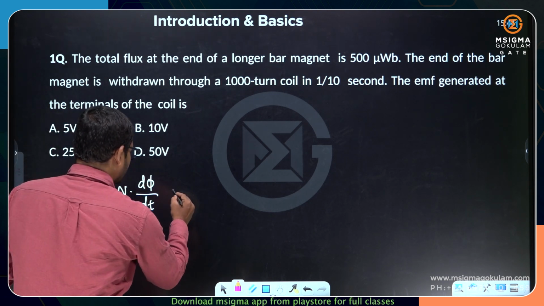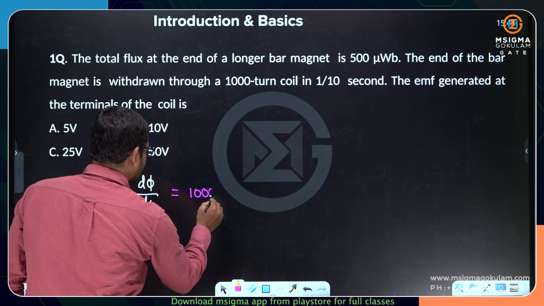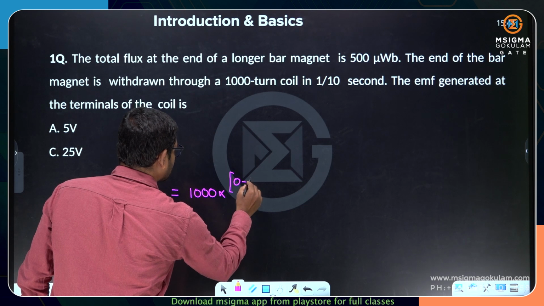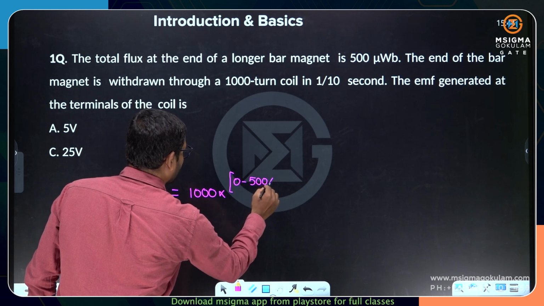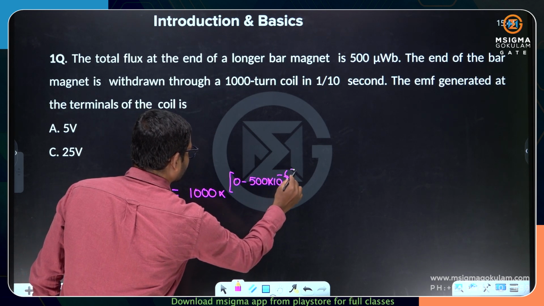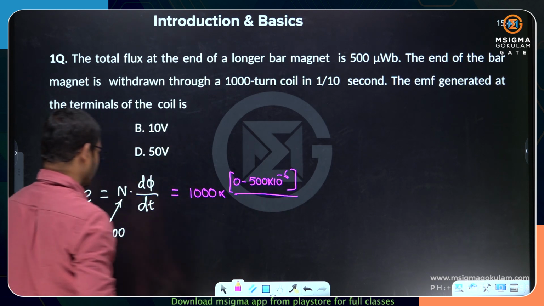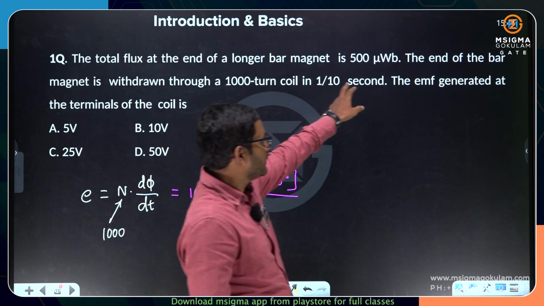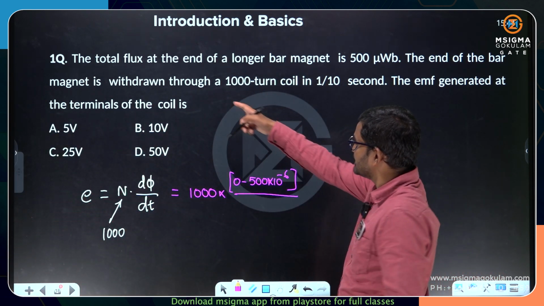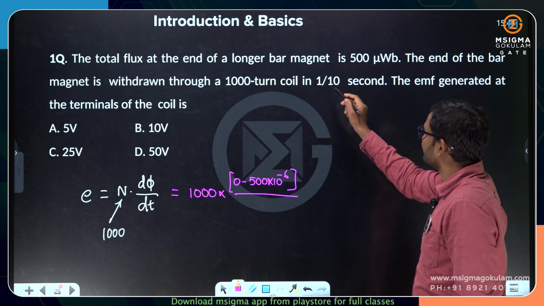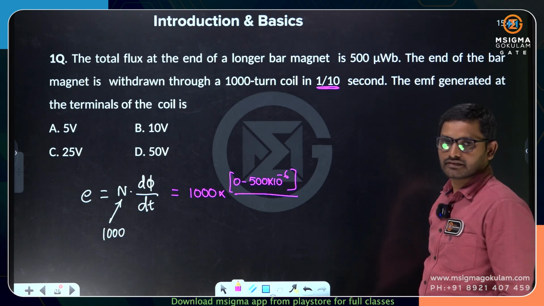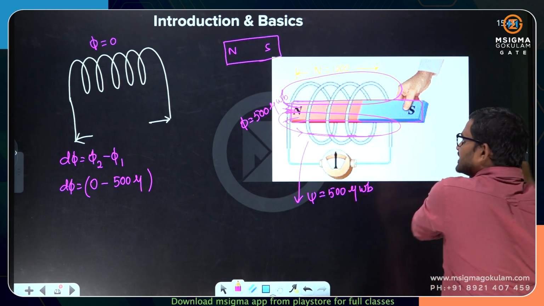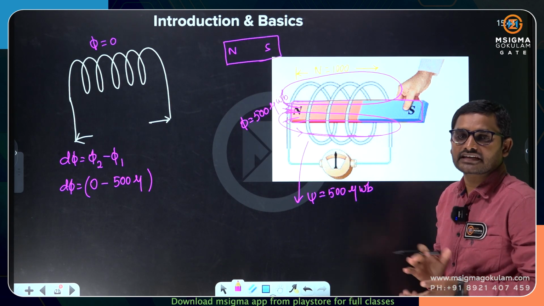Let me substitute here. N is 1000 turns and d phi is 0 minus 500 microwebers, divided by dt. So what is dt? It is said that the bar magnet is withdrawn from the 1000 turn coil in 1/10 second. If I start pulling it, in just 1/10 of a second I remove it completely.